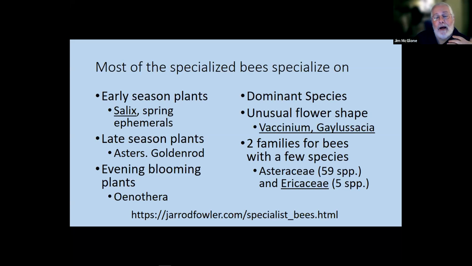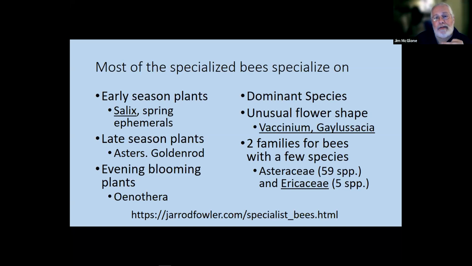So we have about 5 species of bees that only do Vaccinium, but not deerberry and huckleberry, because they have those bell-shaped flowers. And there are a couple of families, the Asteraceae, especially starting now.